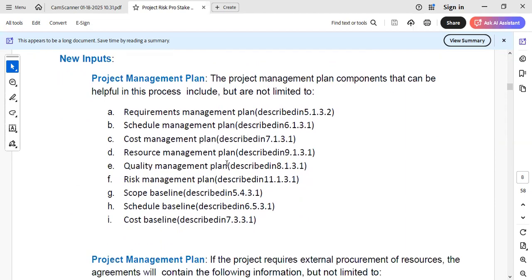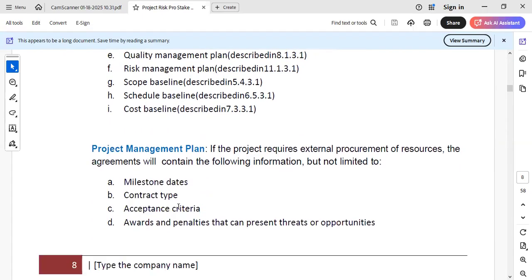So the project management plan has all the subsidiary plans: the requirement management plan, the schedule management plan, the cost management plan, the resource management plan, the quality management plan, the risk management plan, the scope baseline, the schedule baseline, and the cost baseline. Just to remind you, do not forget, when we talk about baseline, we could be baselining three areas: the scope, schedule, and the cost, okay? Just to remind you, right? So let's move on.